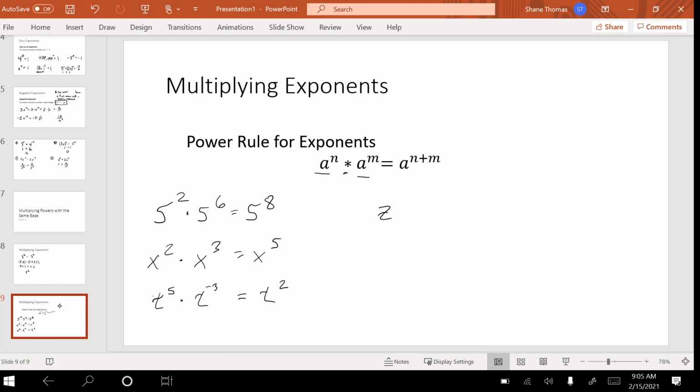How about z to the 4th times z to the negative 6th? We're doing that thing we learned earlier. Well, what do I got first? You don't have to give me the final answer right away. It'd be z to the negative 2, which we can't leave like that. We have to make it a what? 1 over z squared. Good.